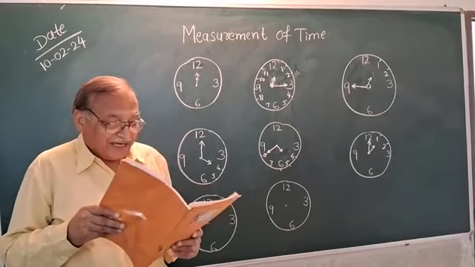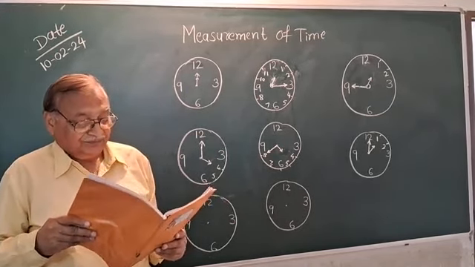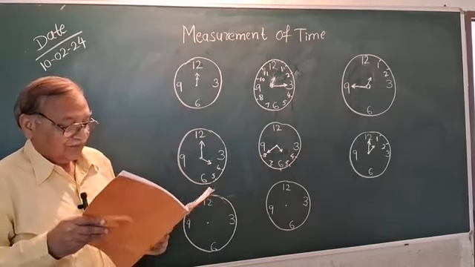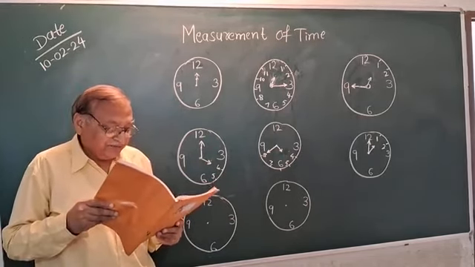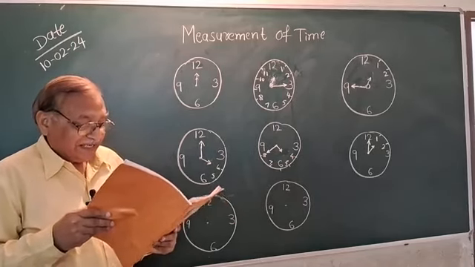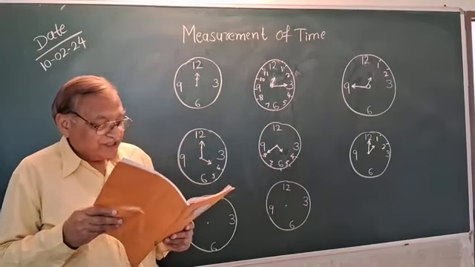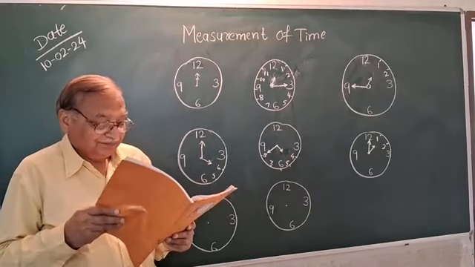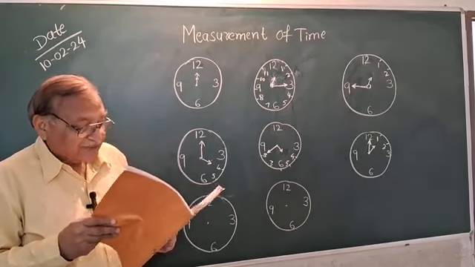So when the hour hand is between 12 and 1, and the minute hand is on 9, we can tell that it is 45 minutes past 12. Because 9 fives are 45.